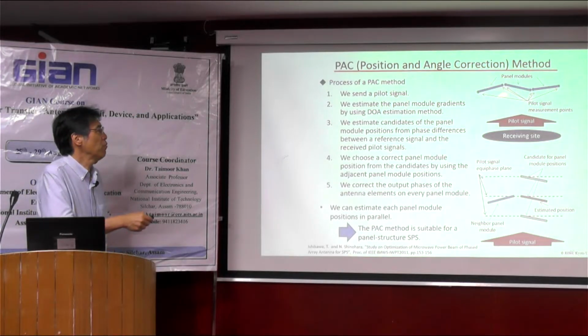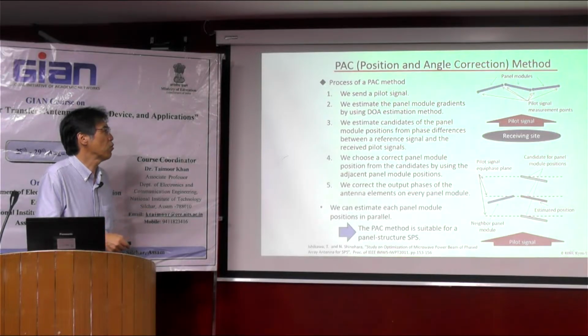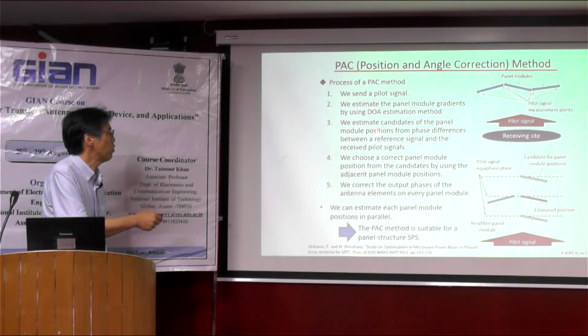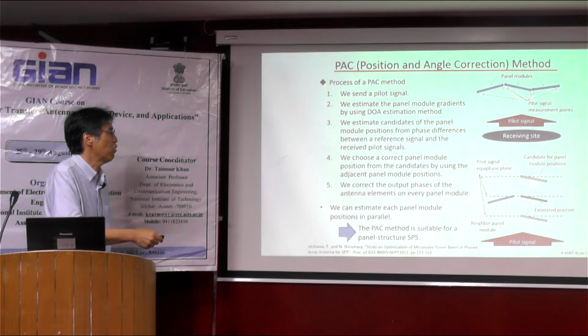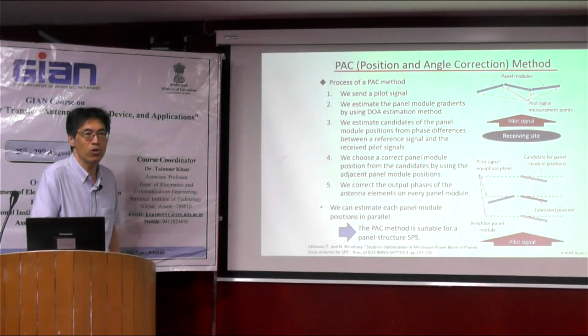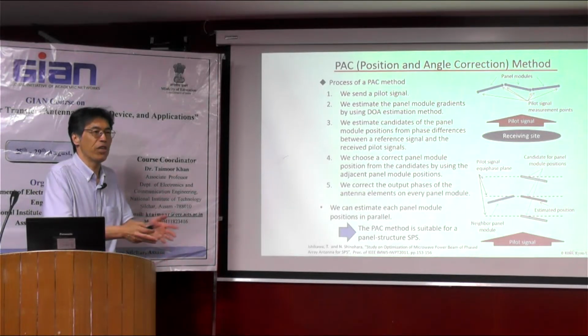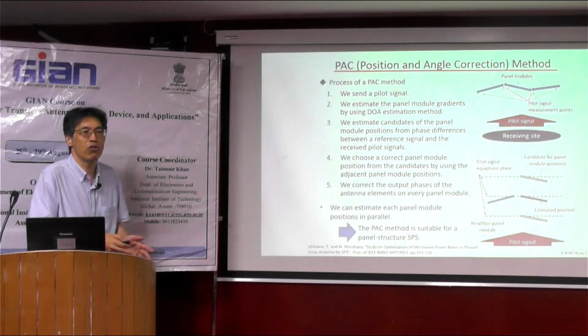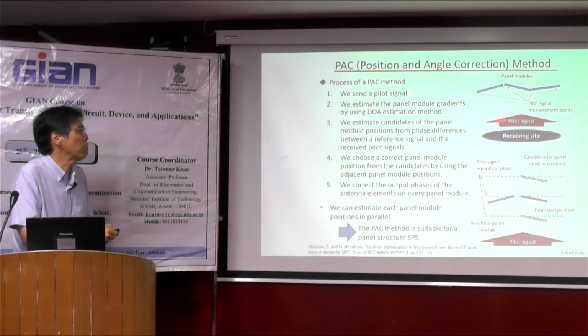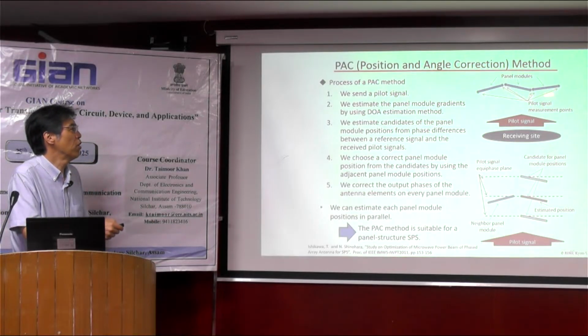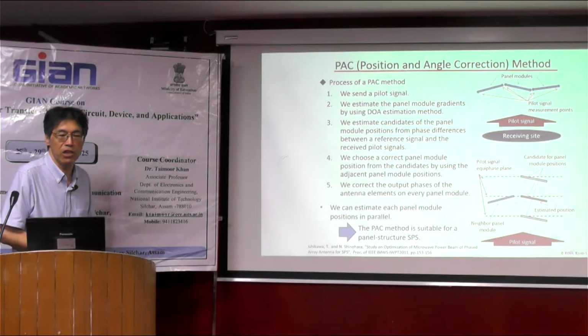If we don't know the shape of the antenna, we cannot control the exact beam. So in this PAC method, based on this algorithm, we can detect the position of each panel, each antenna, and finally we can control the beam direction with the optimum direction and optimum phase in each antenna.